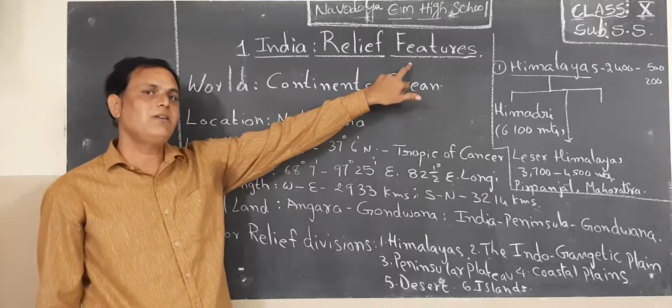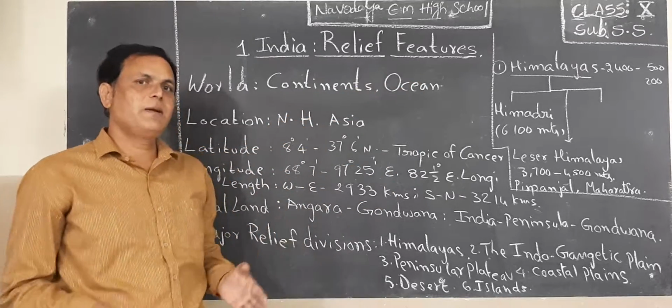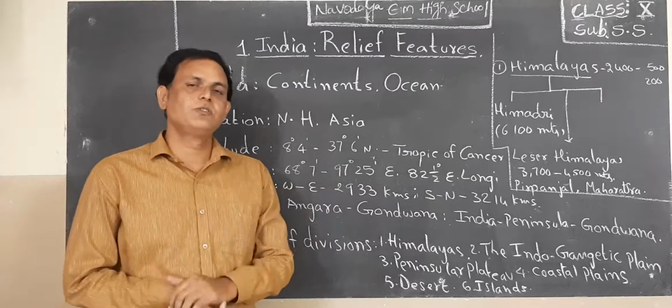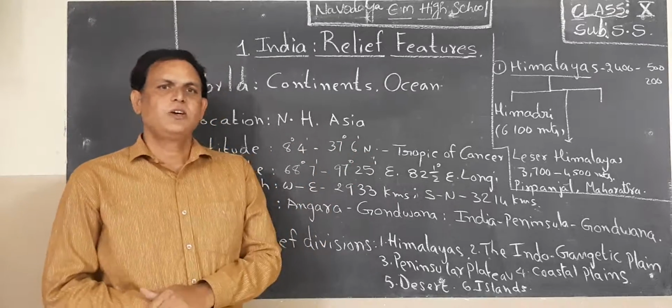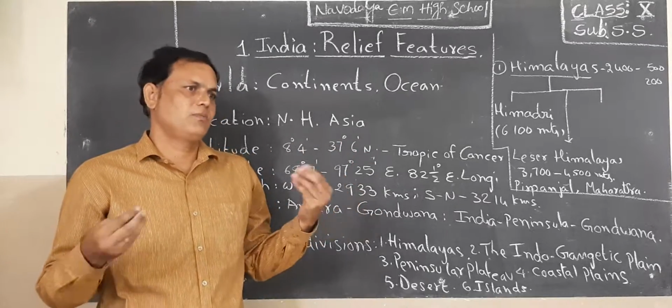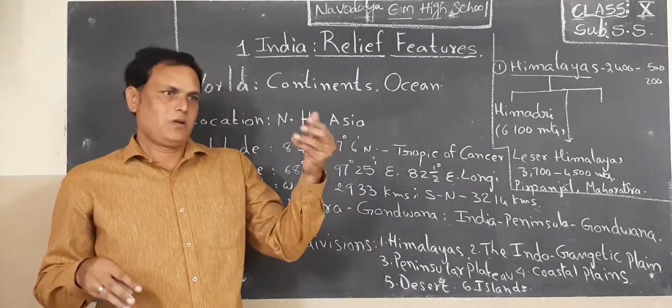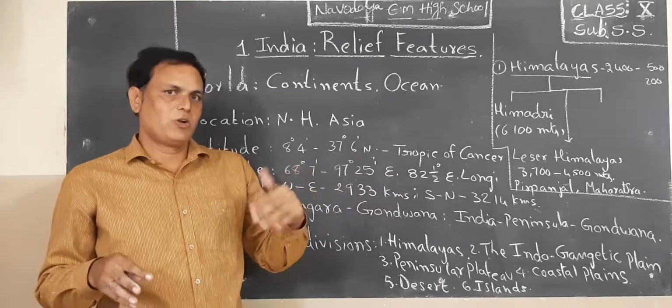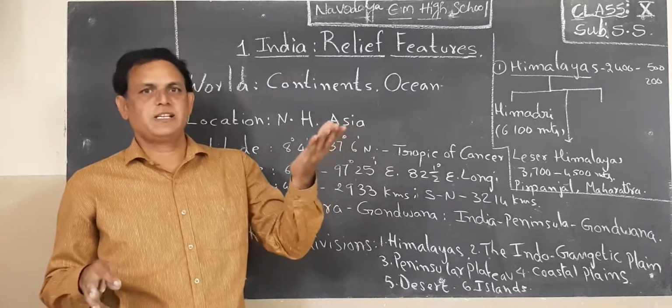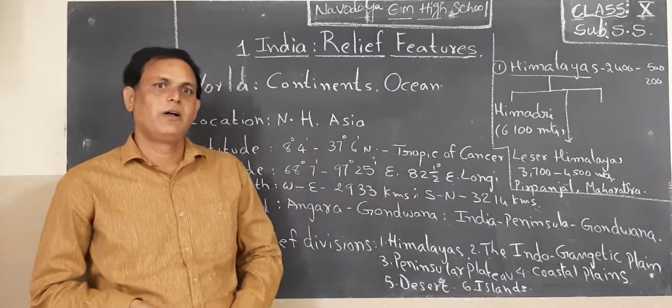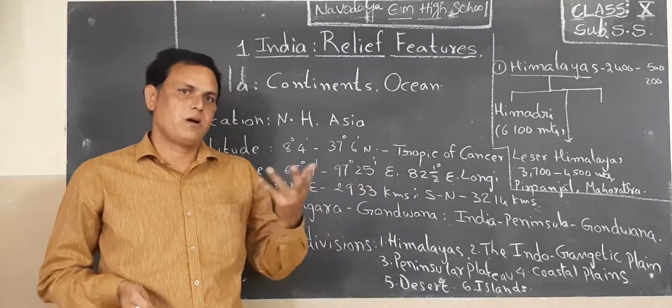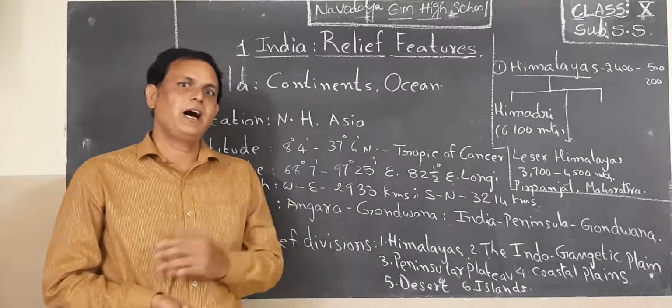India relief features. Actually, children, if anybody asks you where is your address, you may say I am living in Vijayawada, so and so Peta, our door number is 9-4- etc., Krishna district, Andhra Pradesh, India.